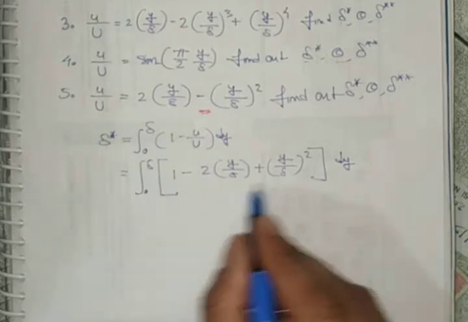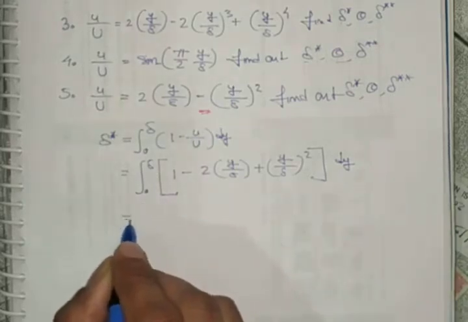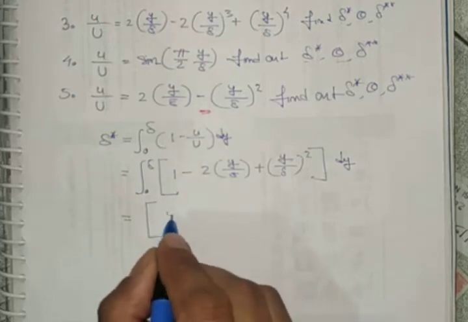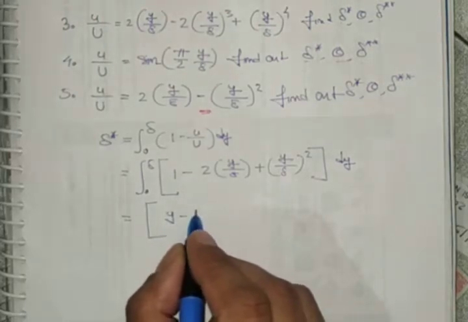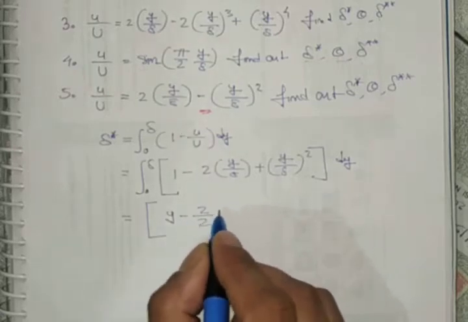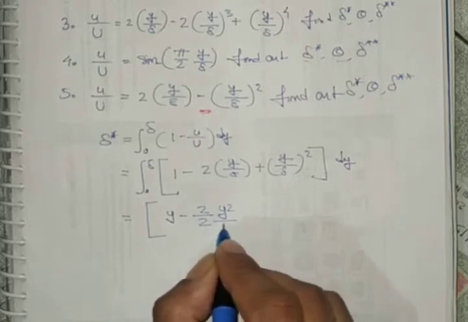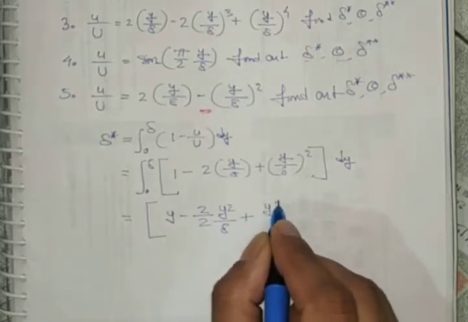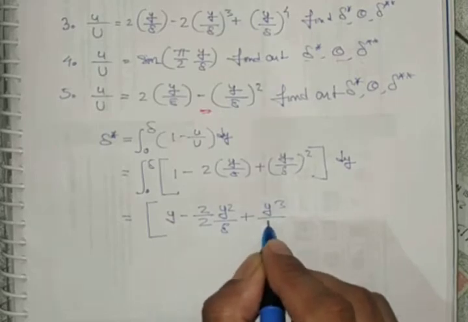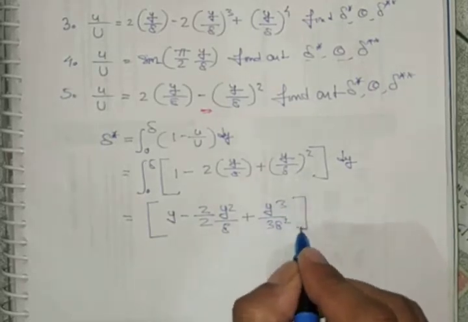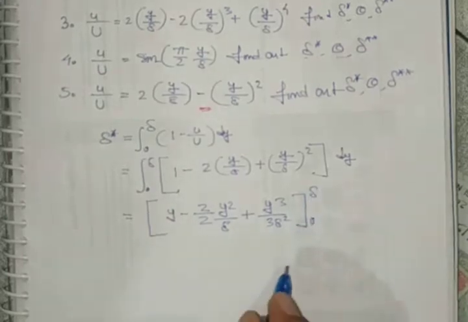After that, if you integrate, you will get y minus 2 y square by 2 delta plus y cube by 3 delta square, from 0 to delta.